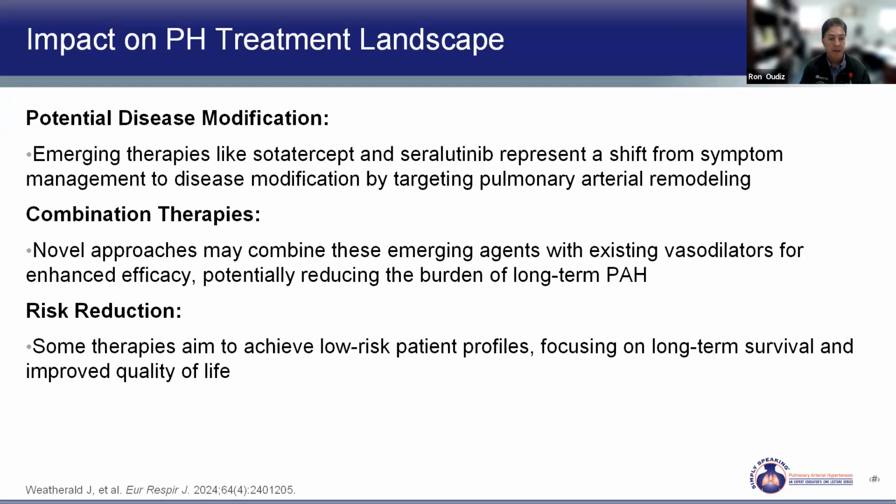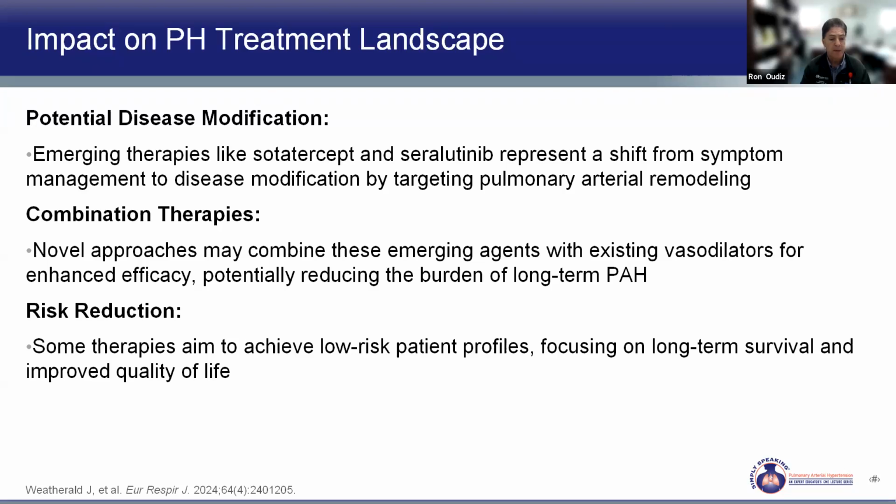Novel therapies may help in combining these agents with existing therapies like our ERAs, PDE5s, and prostacyclins, potentially further reducing the burden of long-term PAH. There's always concern with these therapies, though, of side effects and off-target effects, especially as we get into more and more combinations of therapies.